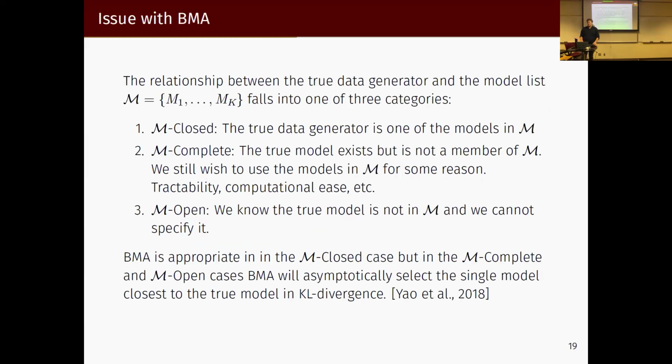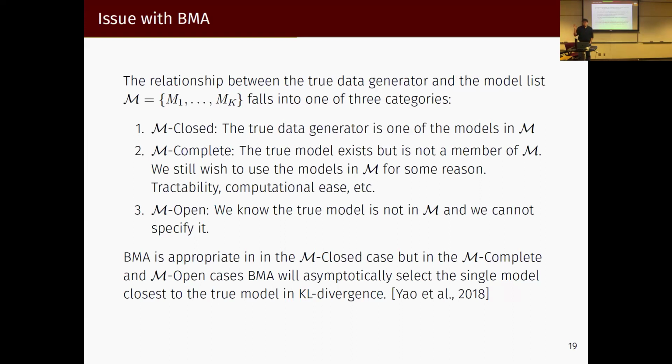So in the model averaging setting, say you have your model list of MathCal M, and that contains your K many models. The model list falls into one of three relationships with the true model. So the M closed case, the true data generating model, is contained within the model list M. M complete and M open are kind of similar, but I guess philosophically different. M complete says the model exists, but it's not in M, but I guess we can write it down.